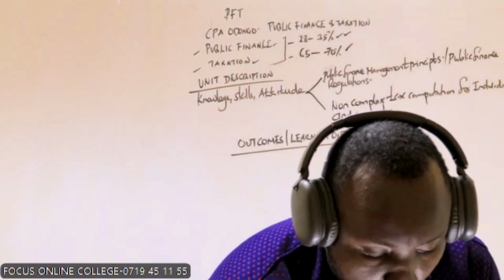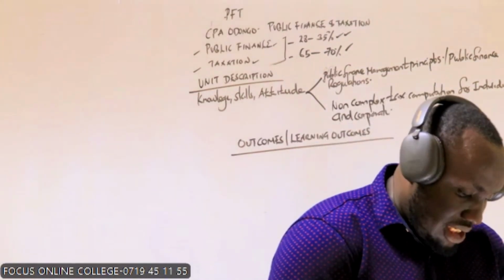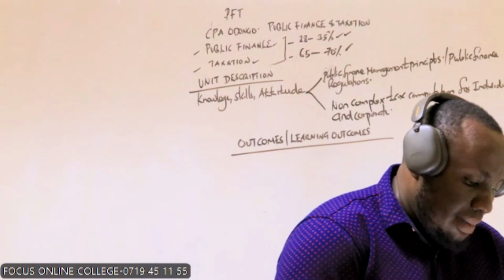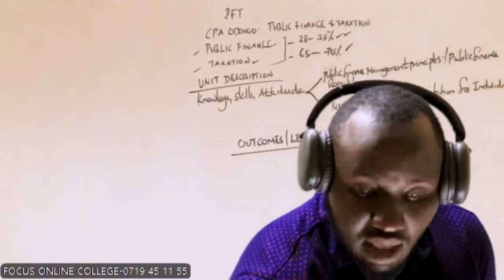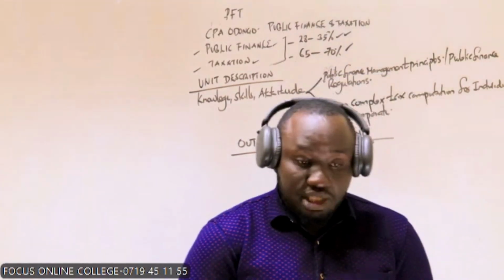Let's make the journey more practical and more important. Let's focus on the journey. Let's not listen to noise, but let's listen to the journey and make sure that we are faithful to the journey. That is the most important thing as we partake of this class.